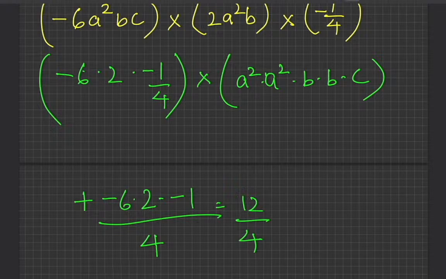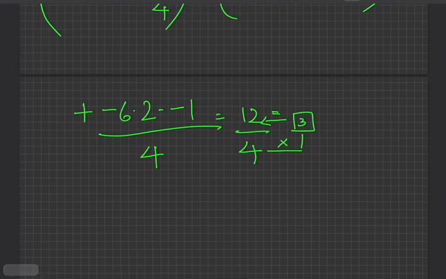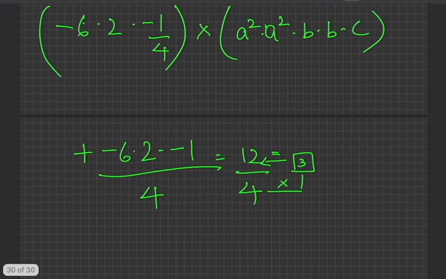So 12 divided by 4, that means 4 times what will give me 12, right? So my quotient is 3, because 4 times 3 is 12. So the product of this is 3. A squared times a squared is a to the power 4.